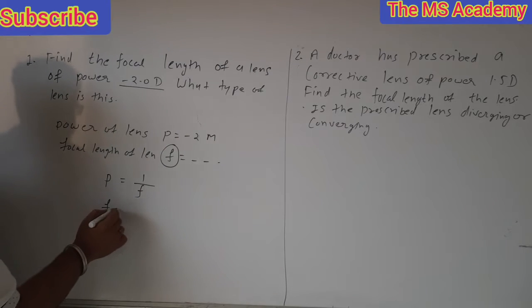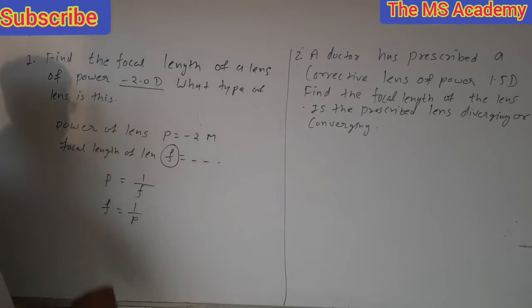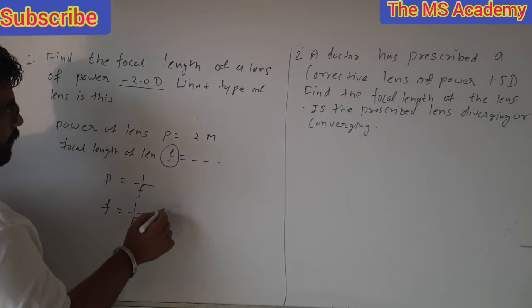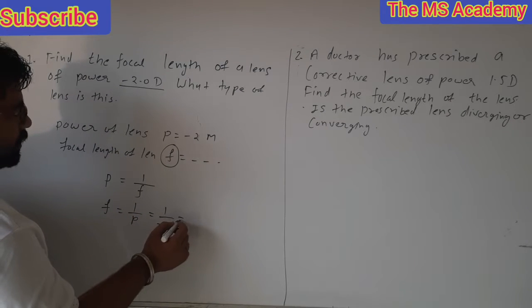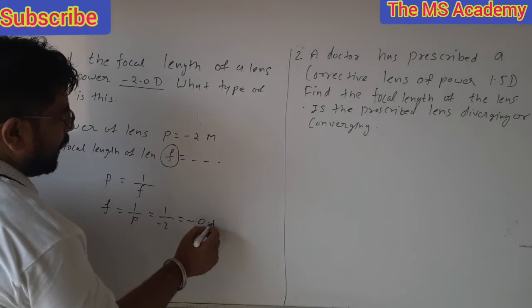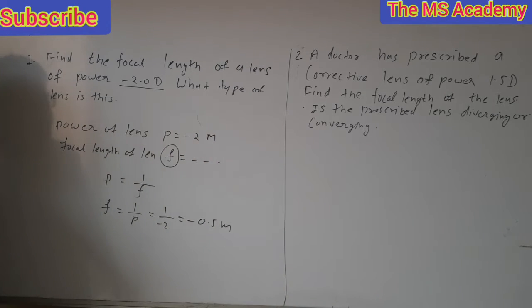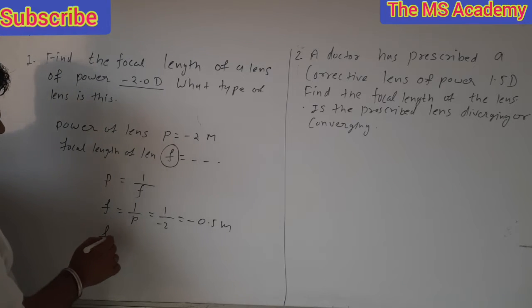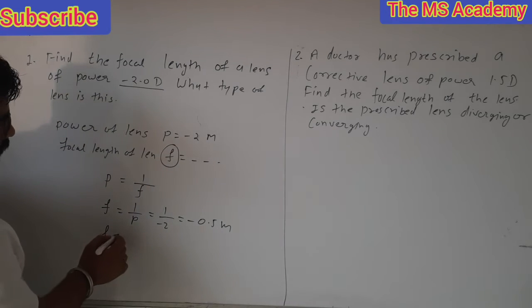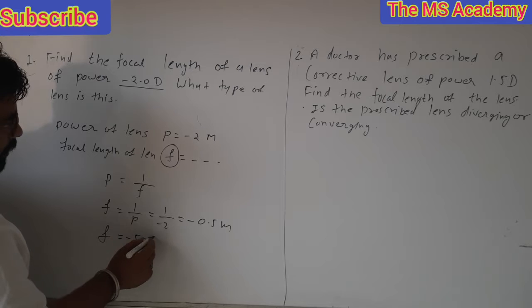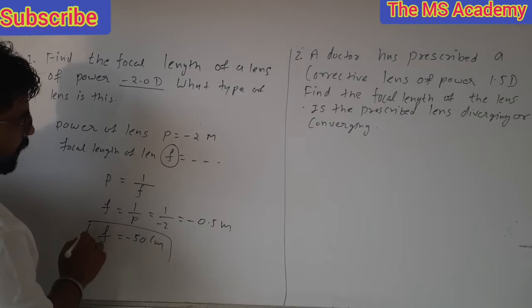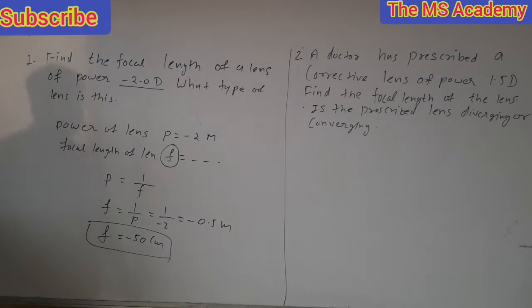So F is equal to 1 upon P. 1 upon minus 2 means minus 0.5 meter. It is the focal length. So we convert it into centimeter. So minus 50 centimeter is the focal length of this lens.